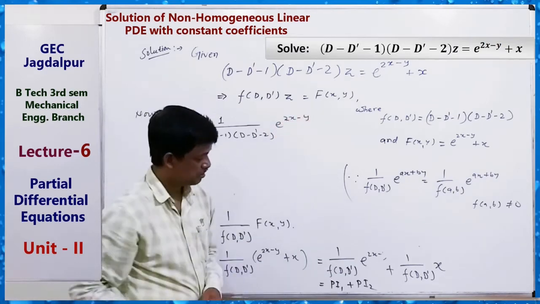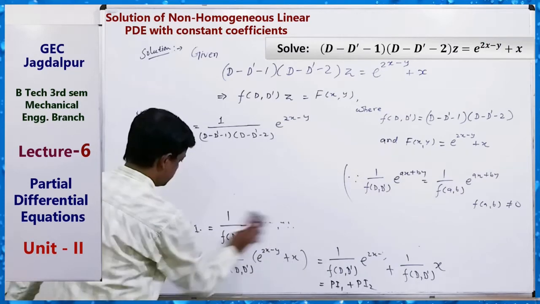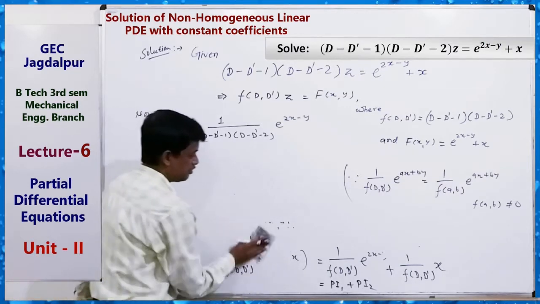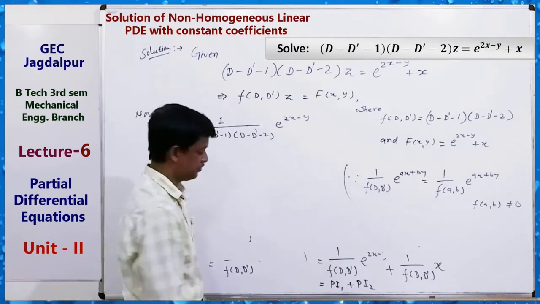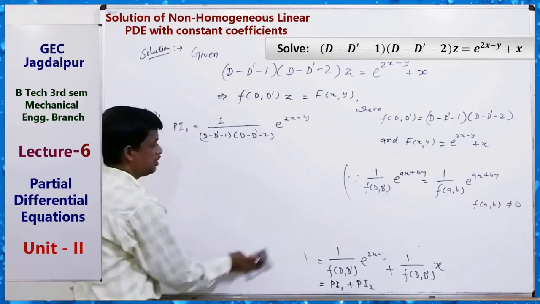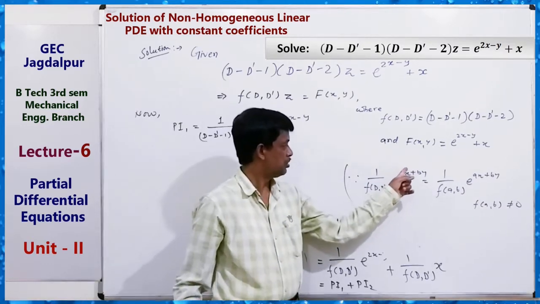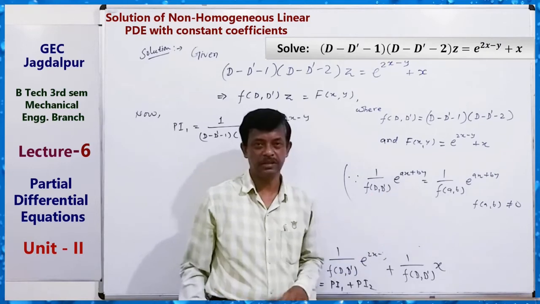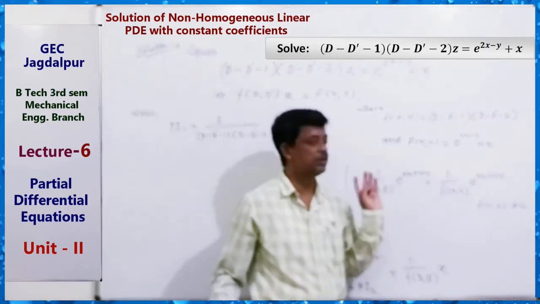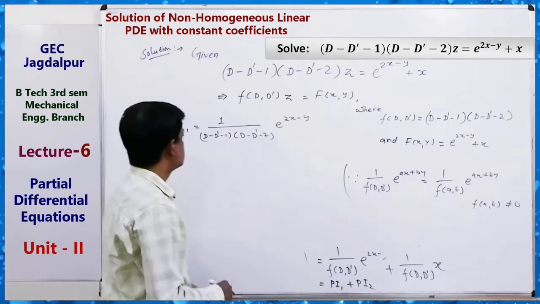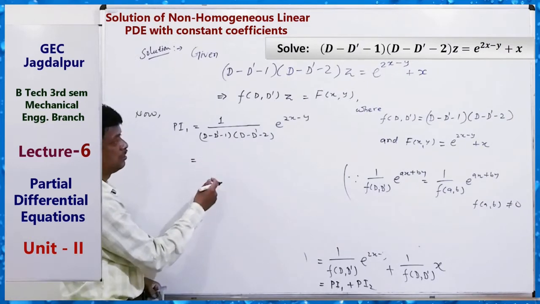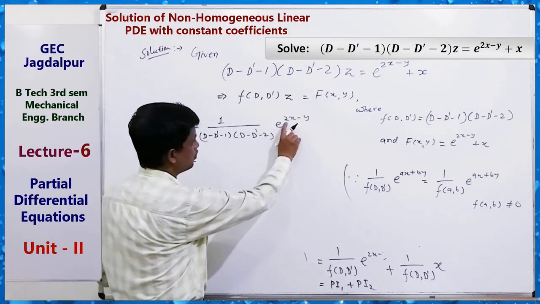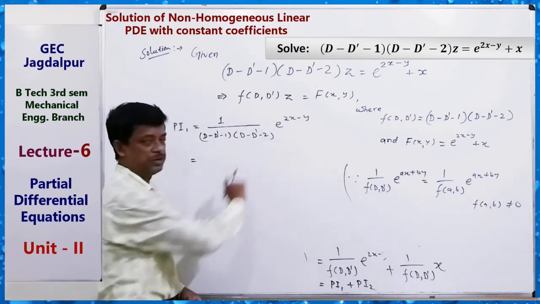We know this formula: if in place of D we put a and in place of D' we put b, and this is not equal to 0, then you can get the result. So here a means 2, b means minus 1.